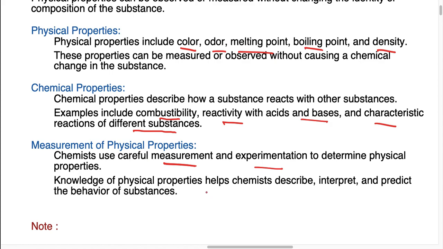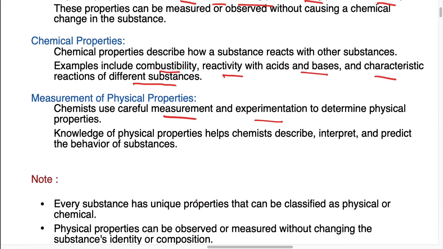If we know the physical properties of any substance, we can easily say that this substance will be converted into this when it goes through this reaction, or if we react it with these other substances, this compound will be formed. So these are some predictions. Such predictions can be made based on our knowledge of a substance's physical properties.